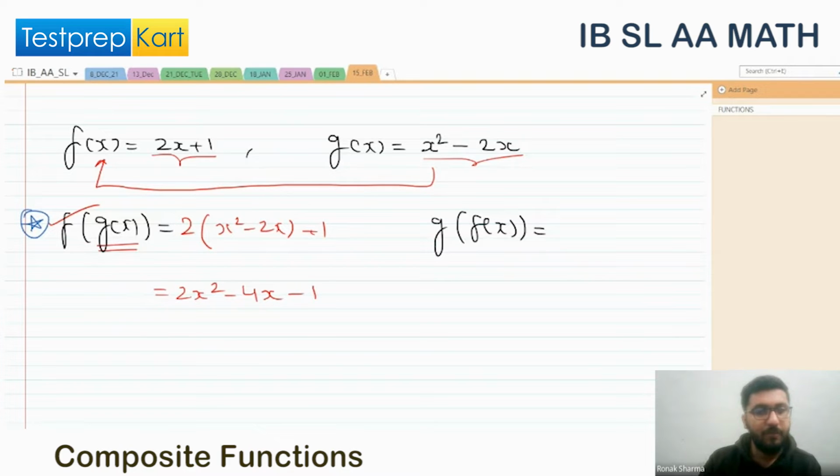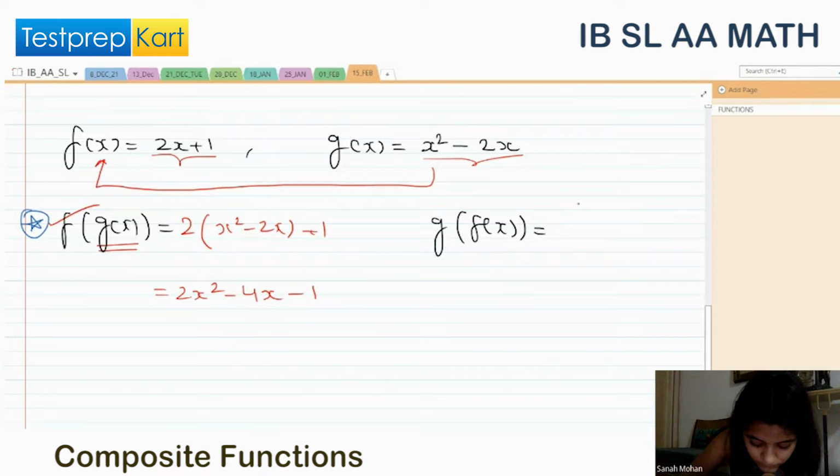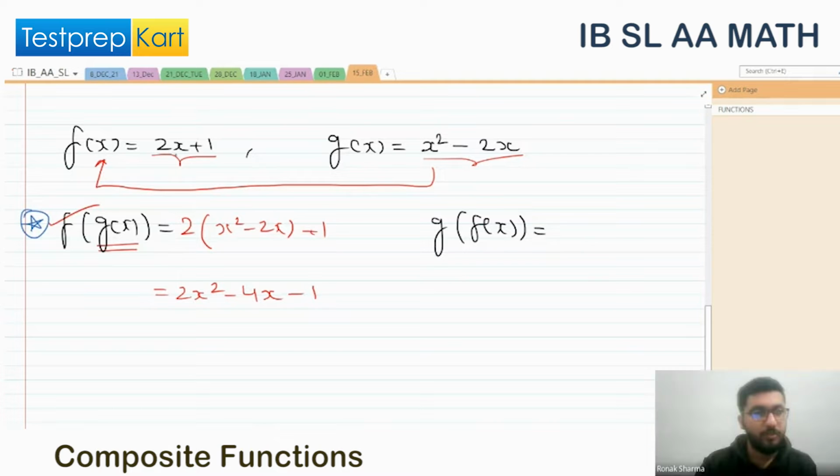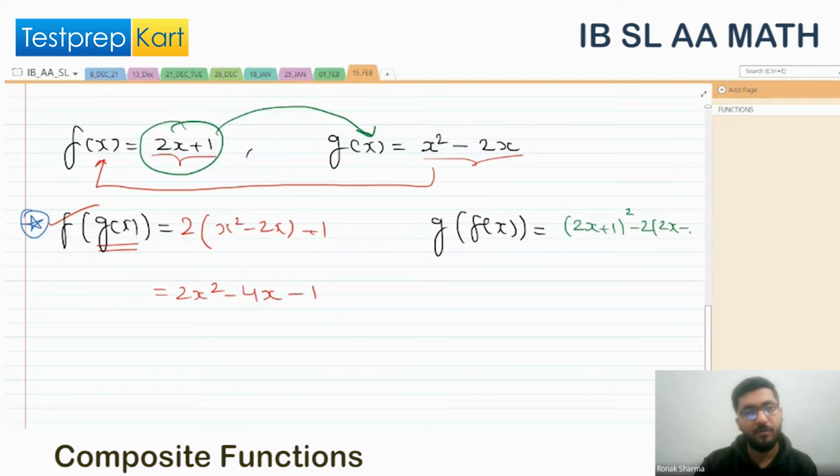Now tell me what will be g of fx. So should we put 2x plus 1 in place of x here? Yes. So (2x plus 1) square minus 2 times (2x plus 1). Yes or no? Now we can simplify it.